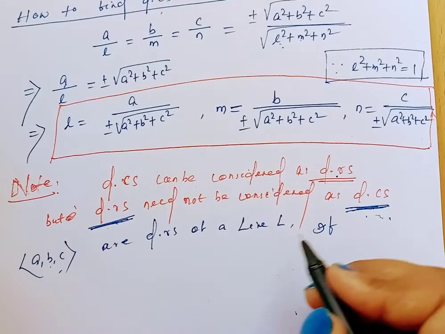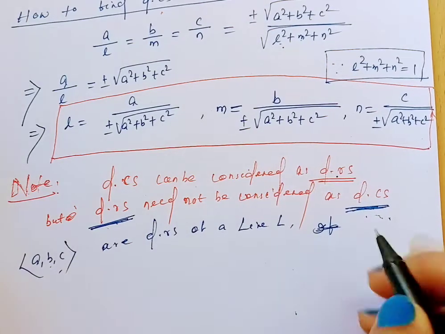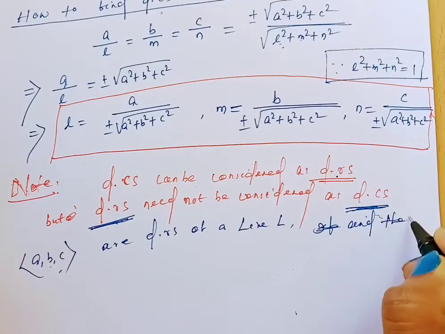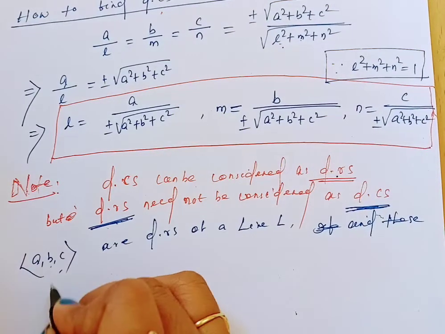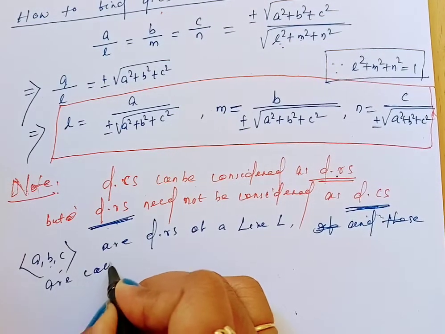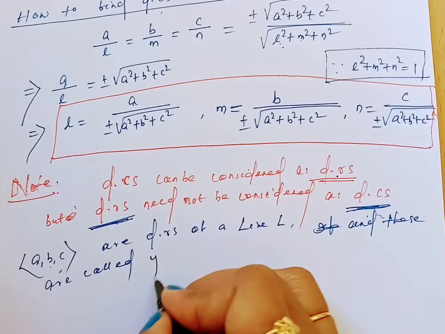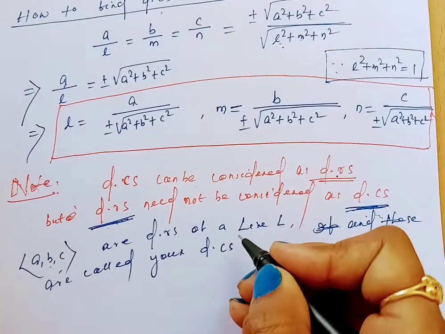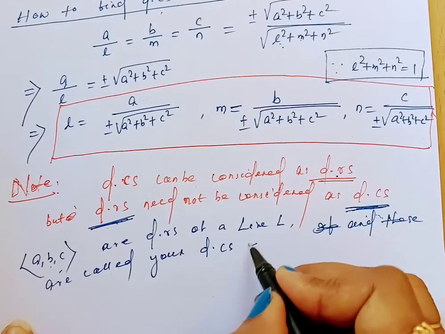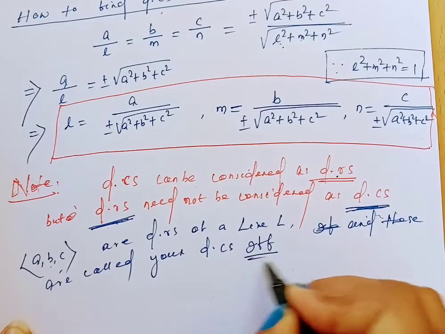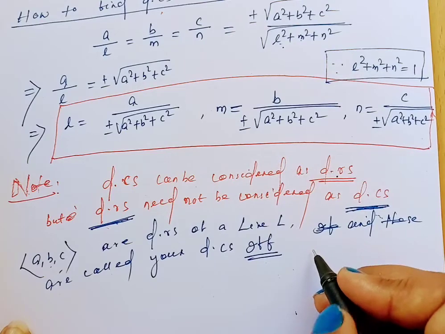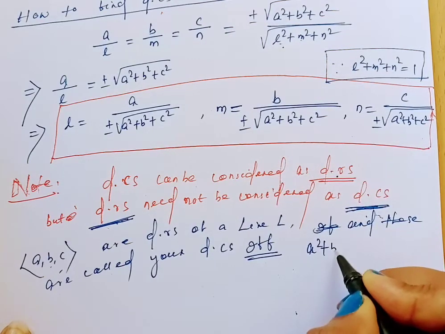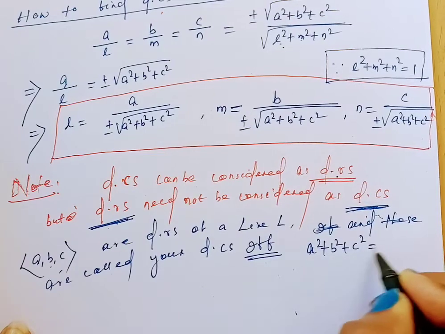These are called direction cosines if and only if a square plus b square plus c square equal to 1.